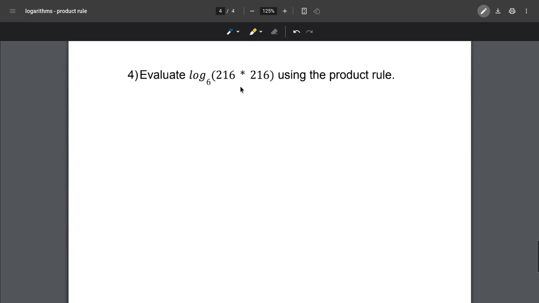We have log base 6 of 216 times 216. So that becomes log base 6 of 216 plus log base 6 of 216.